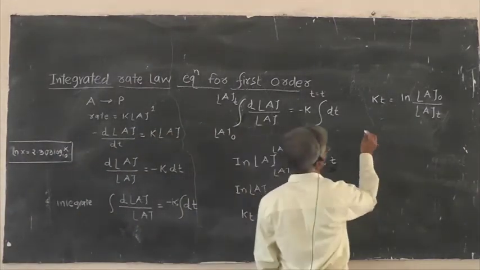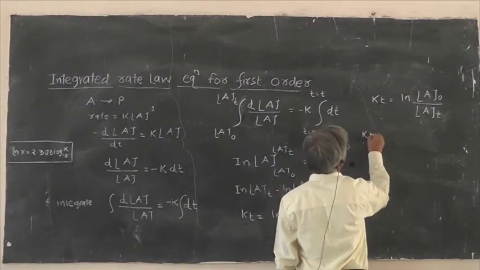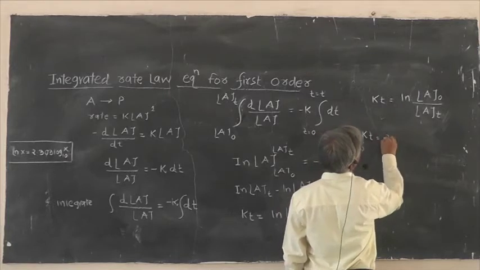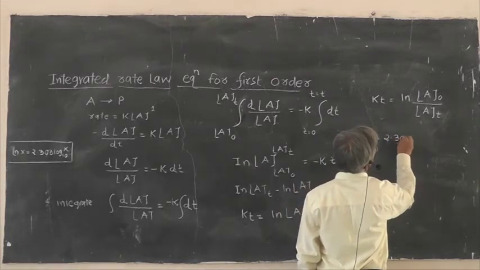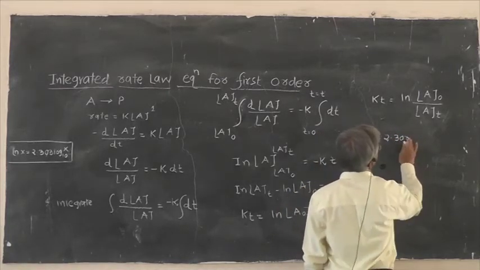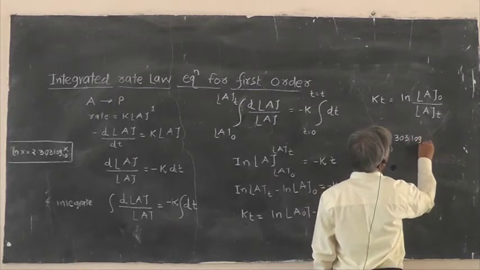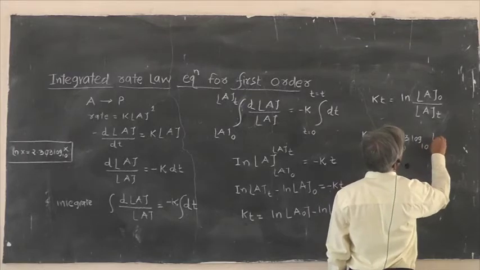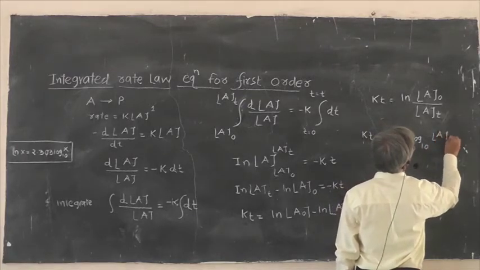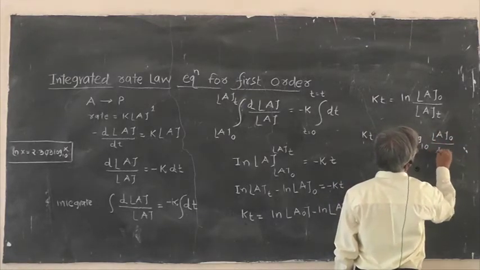Therefore, for a first order reaction, kt will be equal to 2.303 log of the base 10 of H0 upon At.